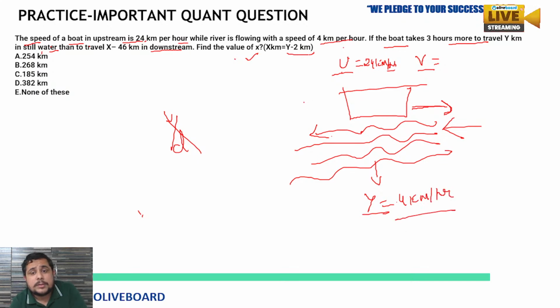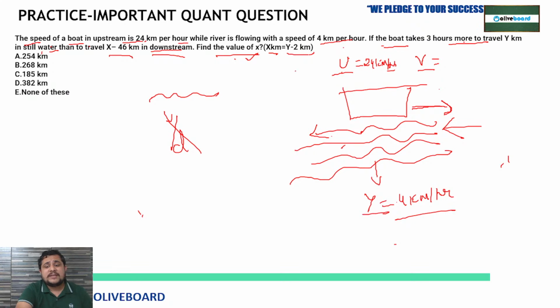Now, if the boat takes 3 hours more to travel y kilometer in still water, meaning when there is no flow, no movement of water, y equal to 0, only the speed of boat, than to travel x minus 46 kilometer in downstream, then find the value of x. And what is given in the bracket? X kilometer equal to y minus 2 kilometer.